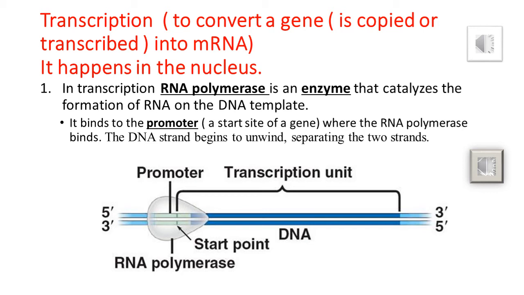When the RNA polymerase binds to the promoter, the DNA strand begins to unwind. We need only 1 strand from the DNA, not the 2 strands. Only 1 strand of the DNA is going to be transcribed into messenger RNA.